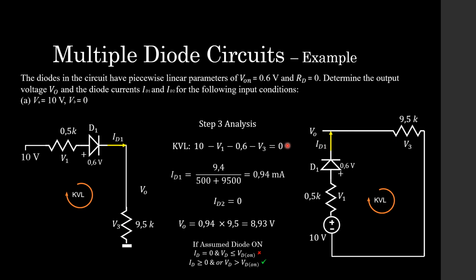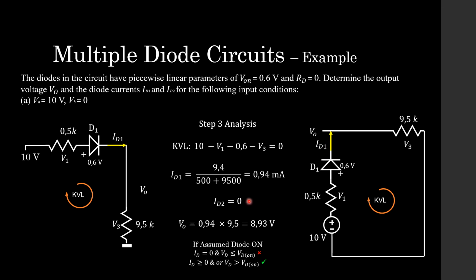That's our KVL. From our KVL, we simply rearrange this equation to make the diode current the subject. You replace V1 and V3 by Ohm's law, V is equal to IR, so that you can get ID1 as the subject of this equation. And you simply solve it to get 0.94 milliamps as this current ID1.